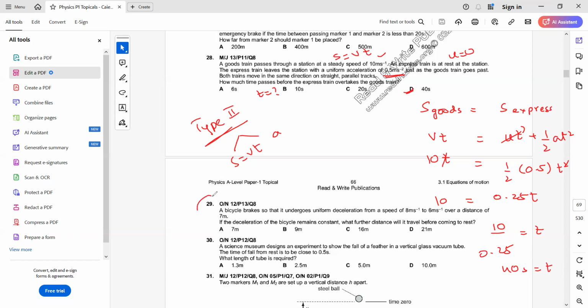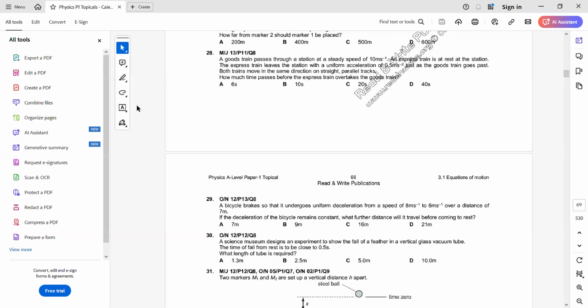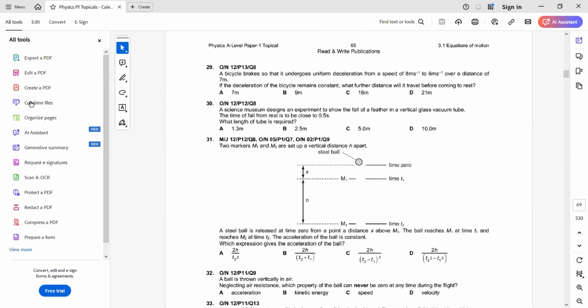Now question 29: a bicycle brakes so that it undergoes uniform deceleration from 8 to 6, that's u and v, over a distance of 7 meters. If the deceleration remains constant, what further distance will it travel before coming to rest? Let's bring this up. The first part of the journey is traveling with u and v, and it decelerates.